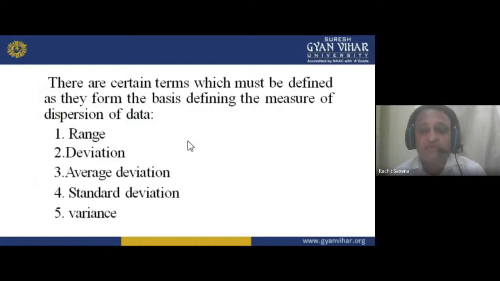The first has little dispersion, meaning the data is not changing from the center value, the mean value. But in the second graph there is much dispersion, meaning it is changing. First, the range. What is range?